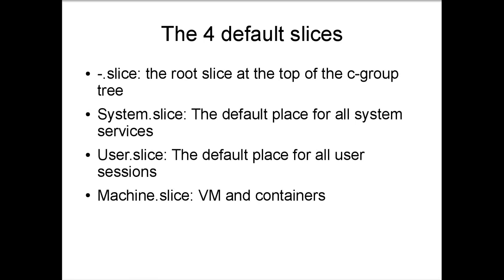The user.slice is the default place for all user sessions. So processes like sshd in some systems, and the graphical display manager related processes should appear under user.slice. And finally, we might have a specific slice for virtual machines and containers, the machine.slice.